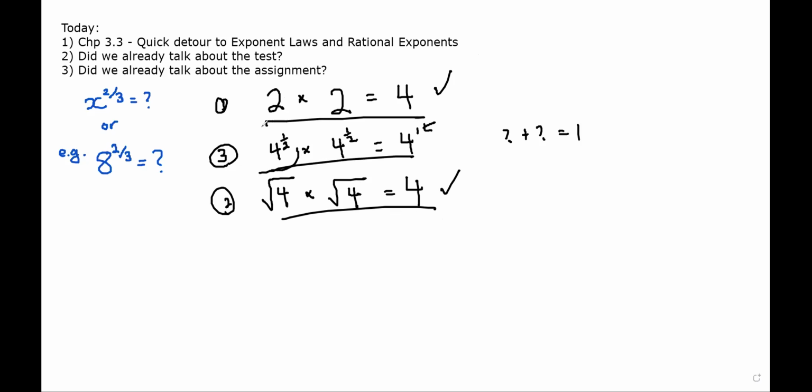So whatever this number is and whatever this number is, it has to be the same because these two are equal to each other, and 2 and 2 obviously equal each other. So is there any other combination of numbers that add to 1? Like 2 and negative 1 are not equal, but yes, they add to 1. I need these two numbers to be identical. Are there any other combinations that we have?